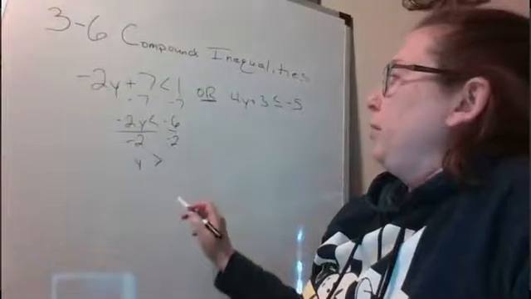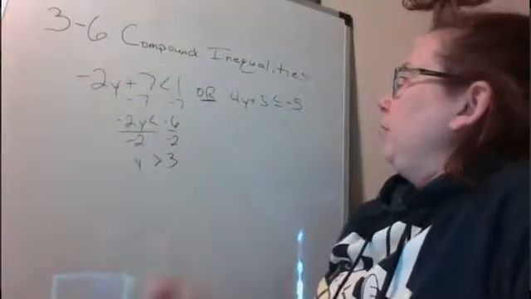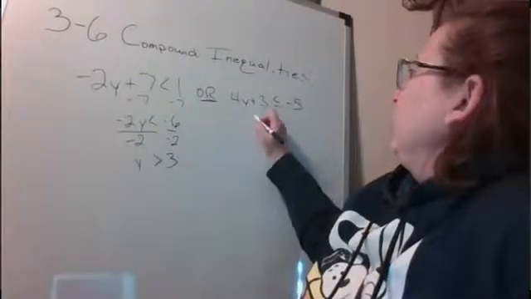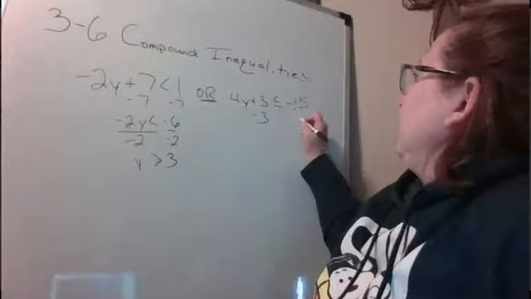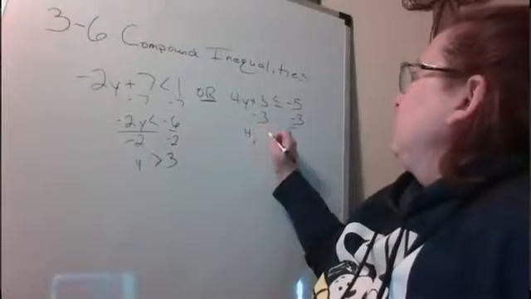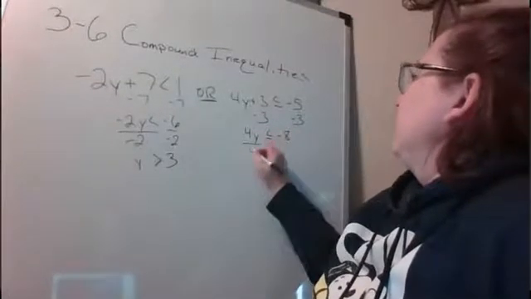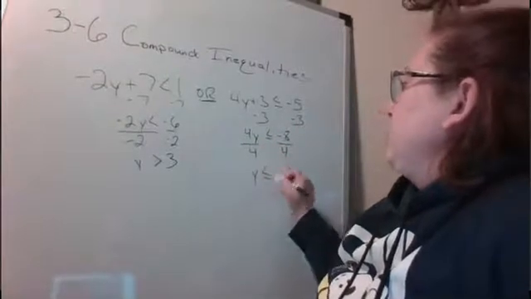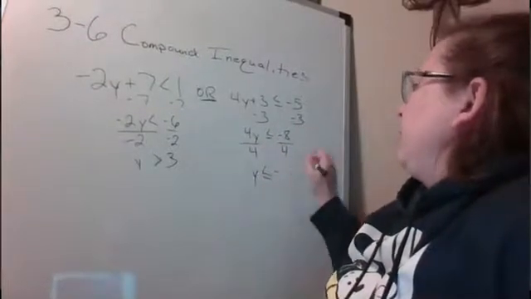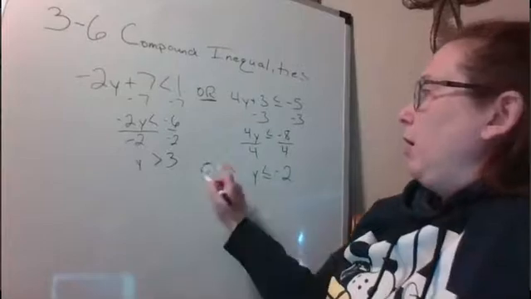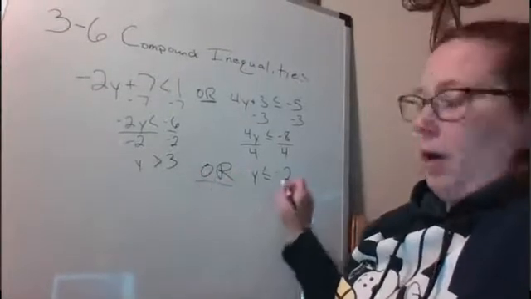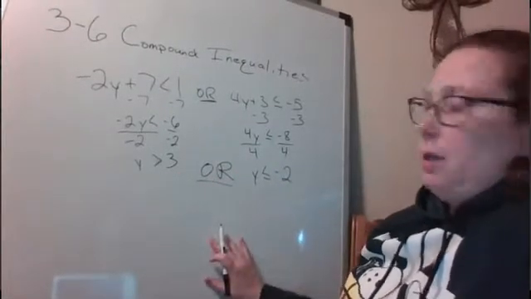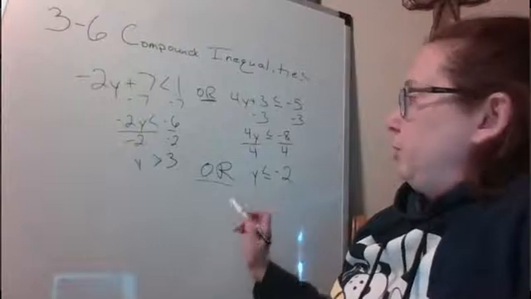So I'm saying y is greater than 3. And then over here, I'm going to solve this one out. Here I'm dividing by a positive, so my inequality is not flipping. And I come up with my 2 inequalities in my solution.